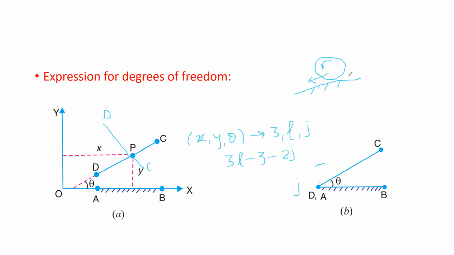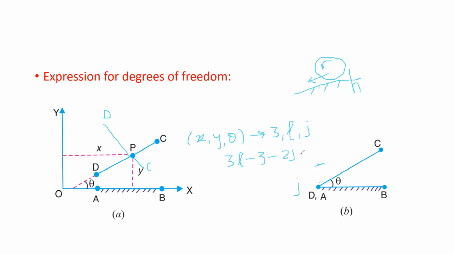A joint with 2 degrees of freedom, because two types of motion are possible, and we denote such a joint with the letter H. H is called a higher joint because it has 2 degrees of freedom, also known as a higher pair.